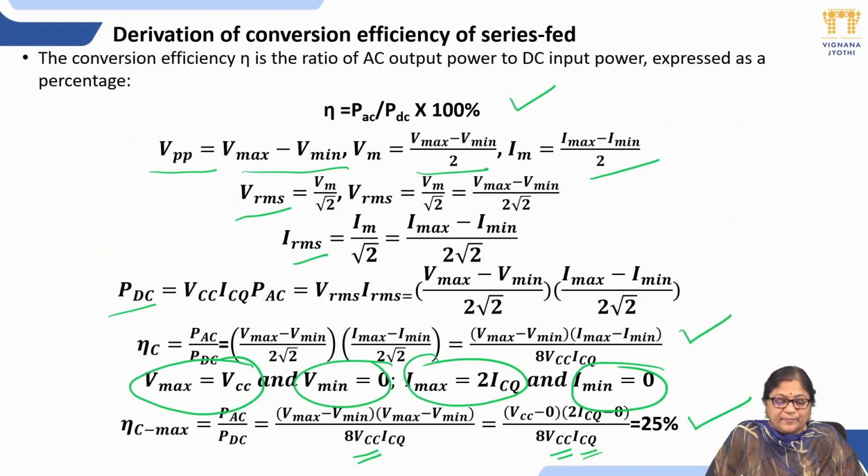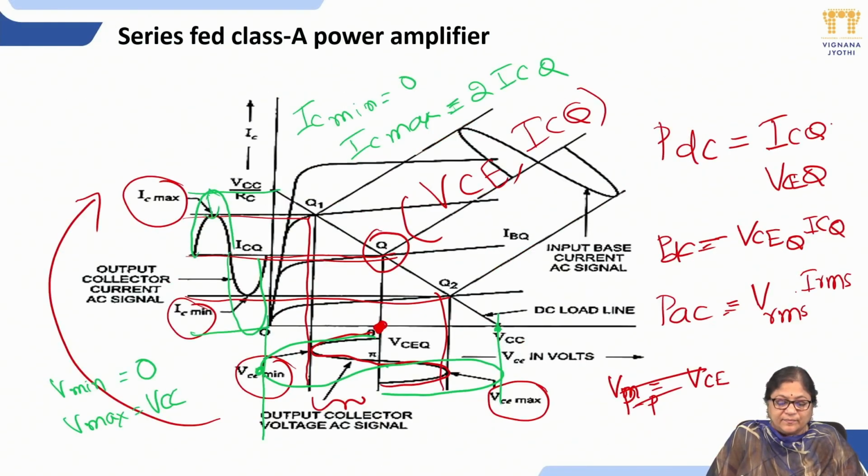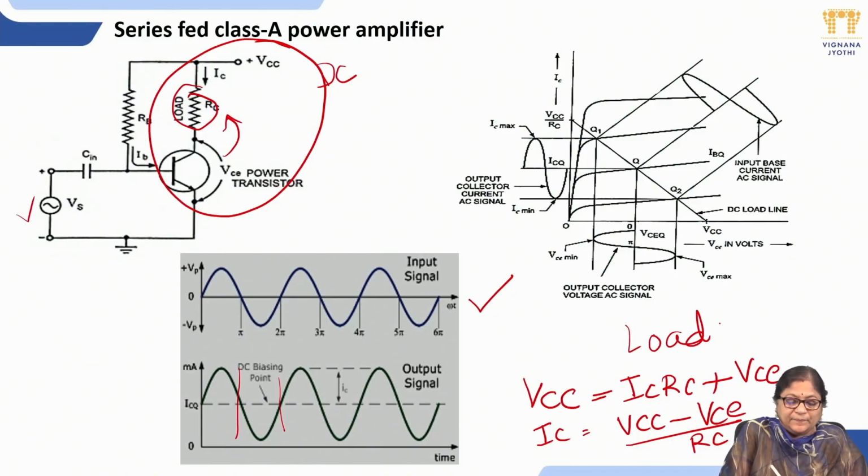Why is the efficiency only 25%? If you take this circuit diagram, because the transistor is operating all the time, some DC power is consumed by it, and only the remaining portion of the power is delivered to the load. Here the load is directly coupled, which is known as series fed; the load is fed in series with the collector.